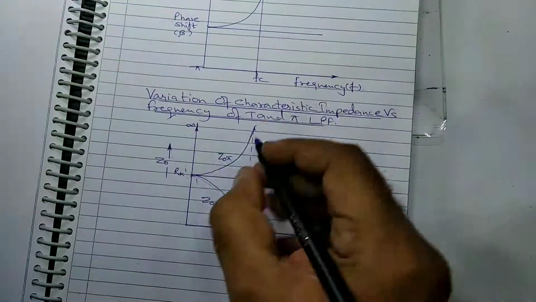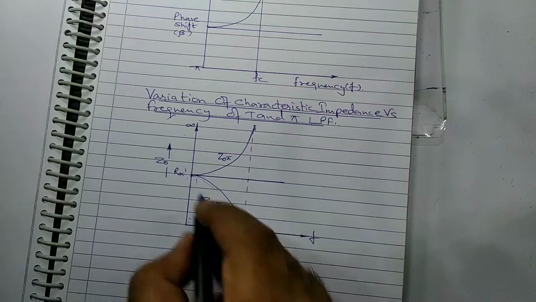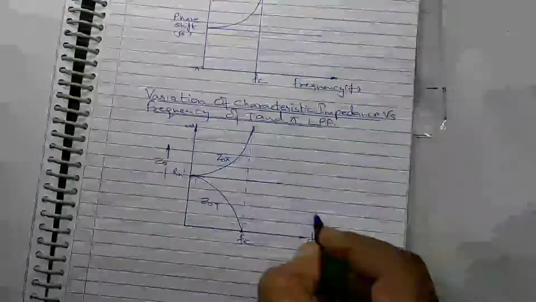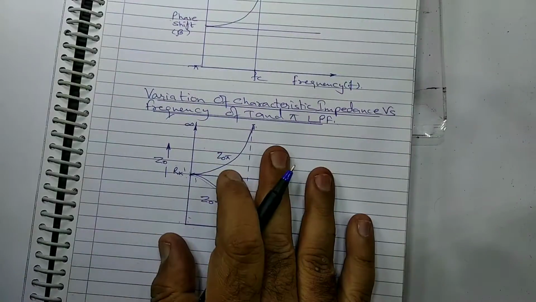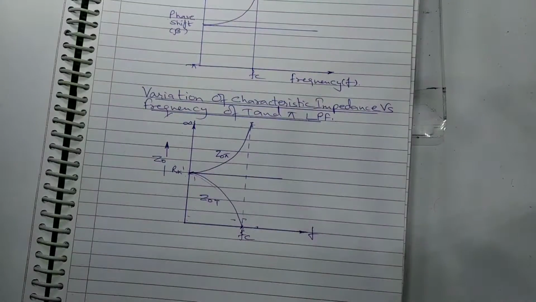So the characteristic impedance becomes maximum either in the positive direction or in the negative direction, and in the pass band it becomes minimum. Therefore in the attenuation band the characteristic impedance is maximum, so that it stops the signal passing through the filter. So this is all about the constant K low pass filter.